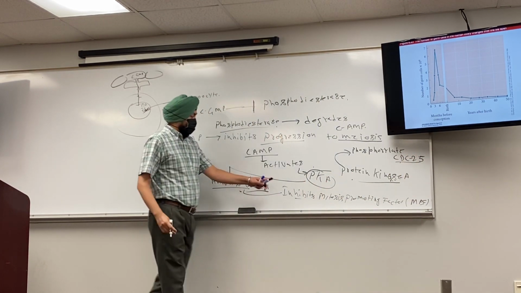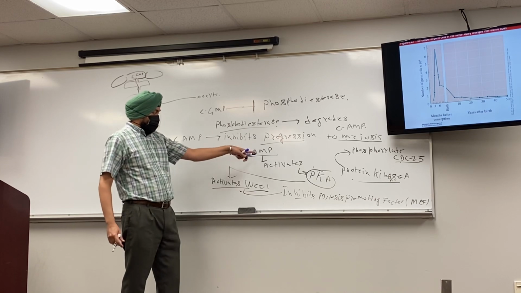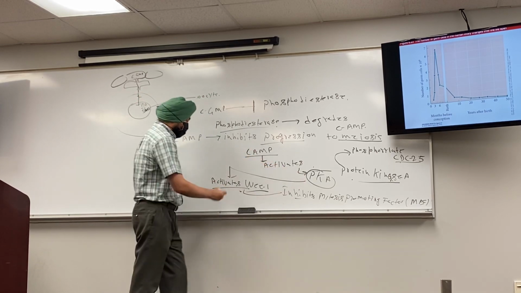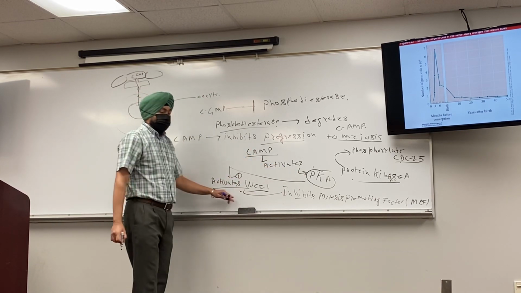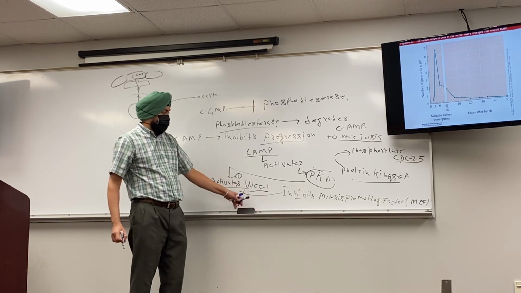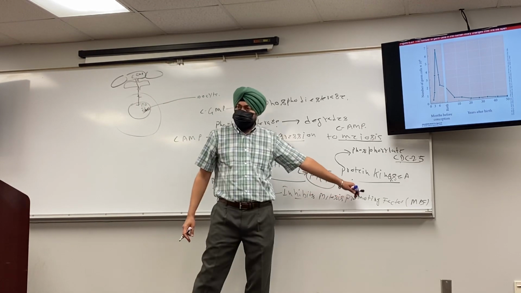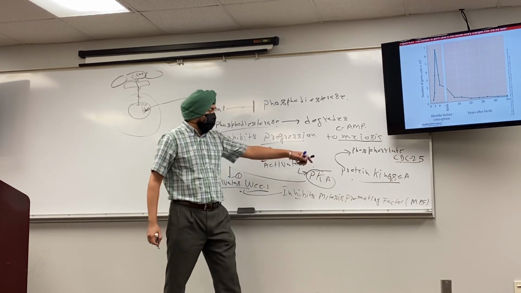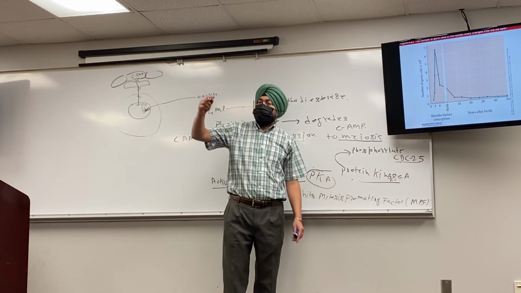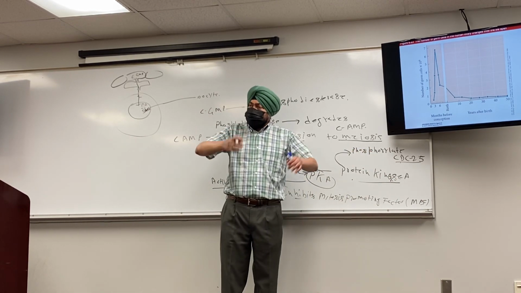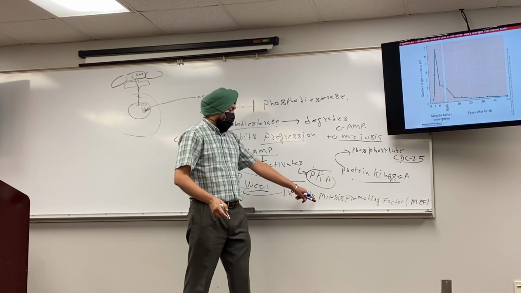So two things it's doing: cyclic AMP is activating PKA, and PKA does two things. Number one, activate V1, and activation of V1 inhibits mitosis promoting factor. And CDC25 is a protein that actually activates MPF.